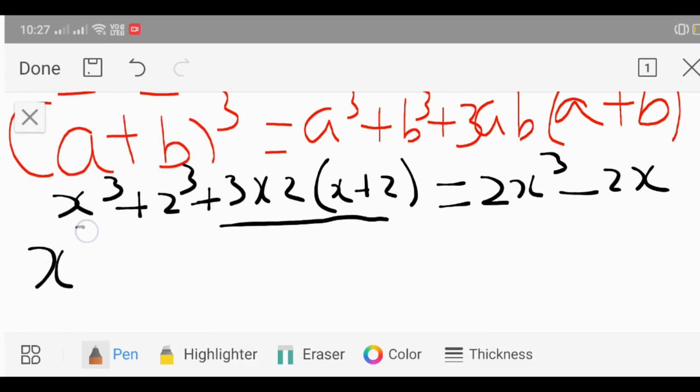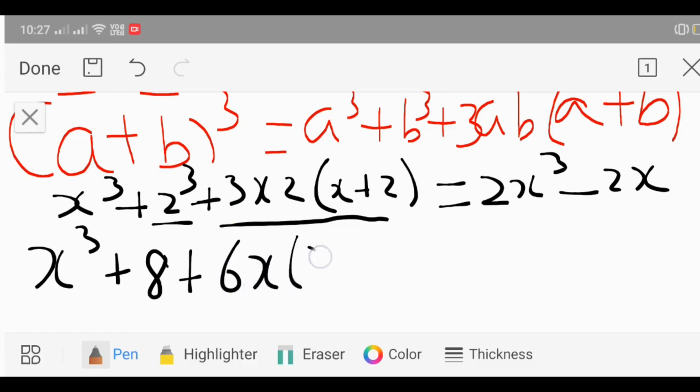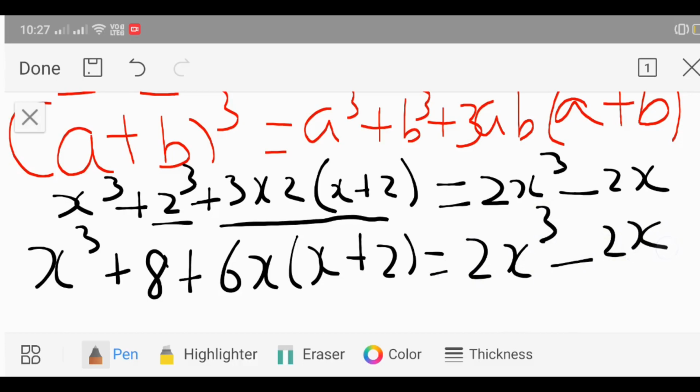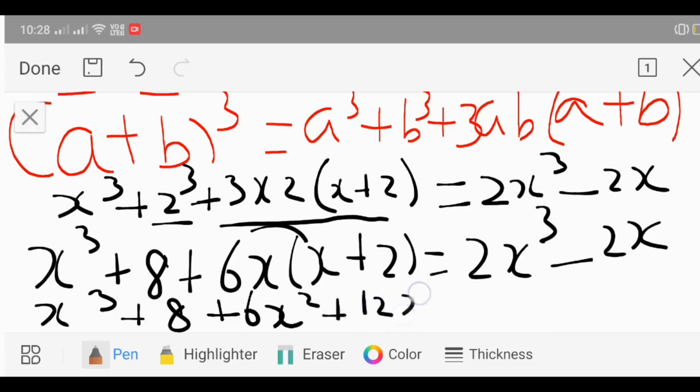So x³ + 2³, which means 2 into 2 into 2 is 8, plus 3 into x is 3x, plus 2 into 3x is 6x, times (x + 2). Now 2x³ − 2x. So x³ + 8, 6x into x is plus 6x², 6x into 2 is plus 12x.